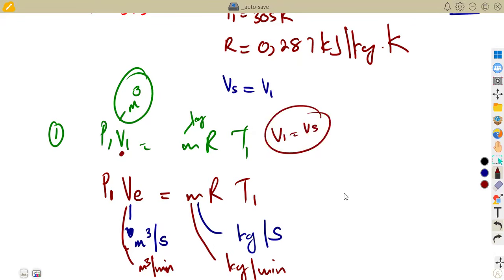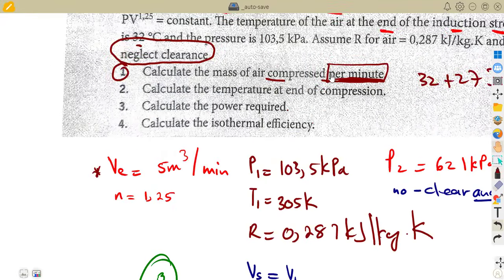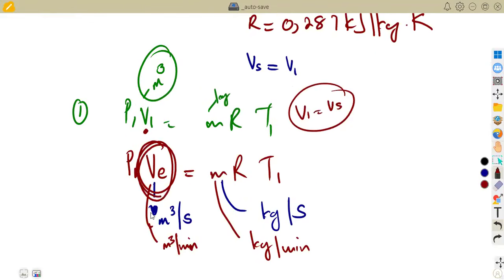But the moment they ask you to calculate the mass per minute, it means the volume you are supposed to use there is the effective volume. And since we need kilograms per minute, we take it in cubic meters per minute also. So that is the idea there.